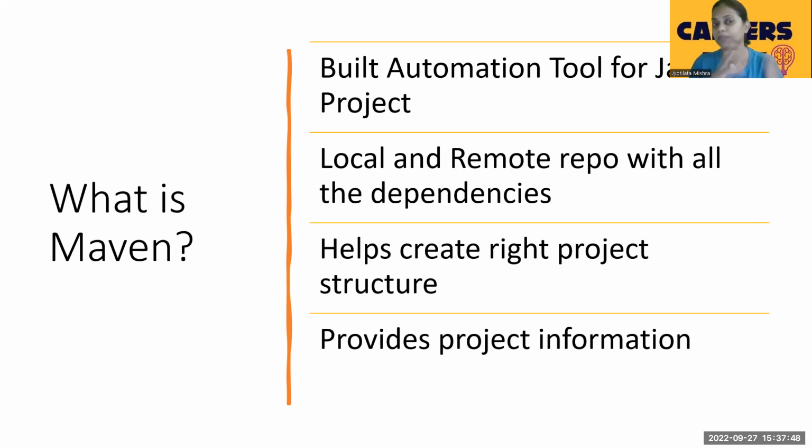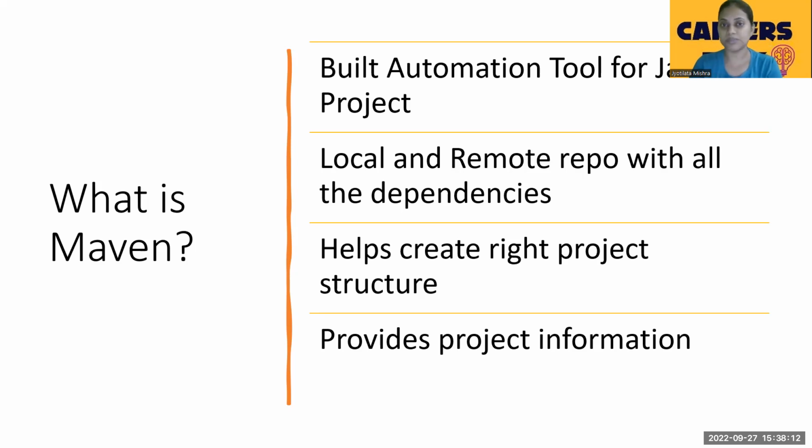In the previous slide, we understood that Maven helps in dependency management, which means it helps you get those third-party libraries you need for your development work. There are two ways you can fetch your dependencies: a local repository and a remote repository.